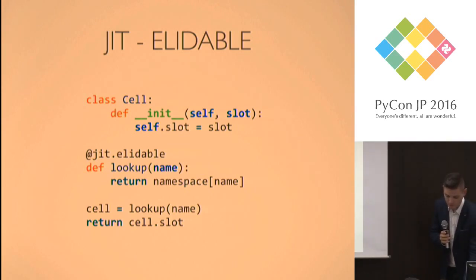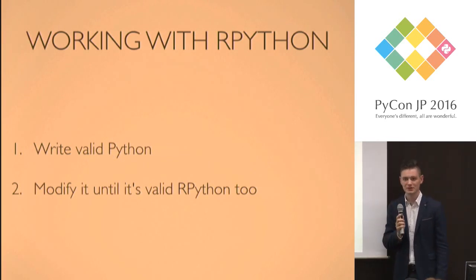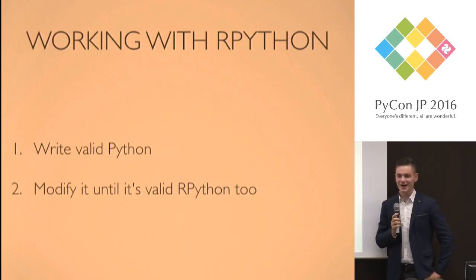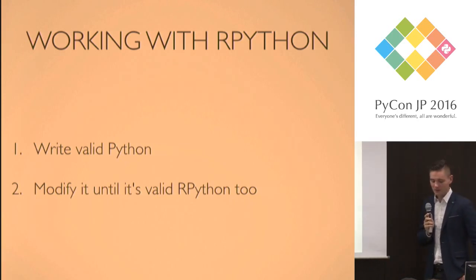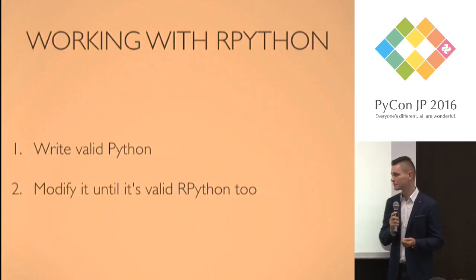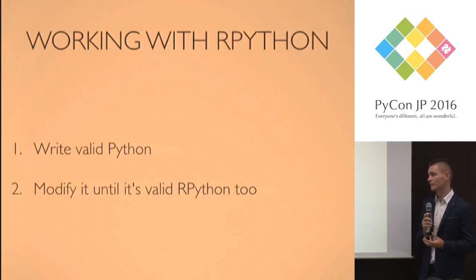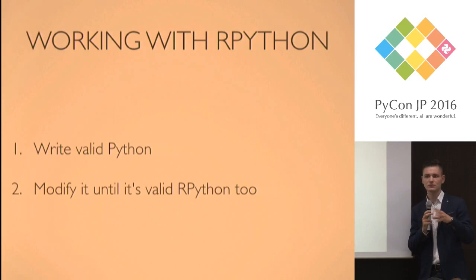So how do you actually work with RPython? You write valid Python, and then you hope it works. And it never works. So still, the best way to do it is you write valid Python and you test it with just normal testing tools. And then you modify it until it becomes RPython. Most of the time, there aren't any very strange edge cases.